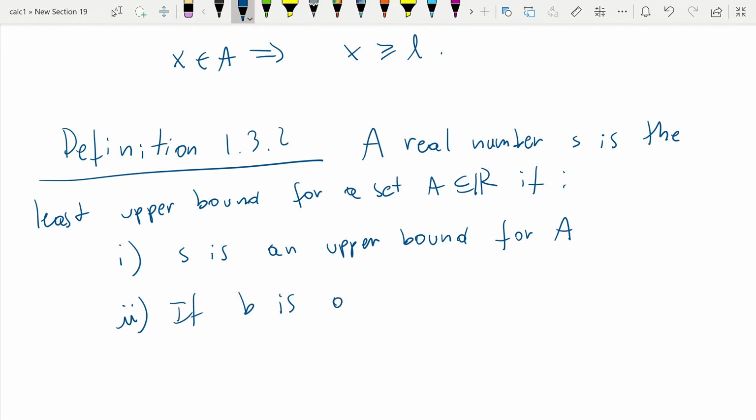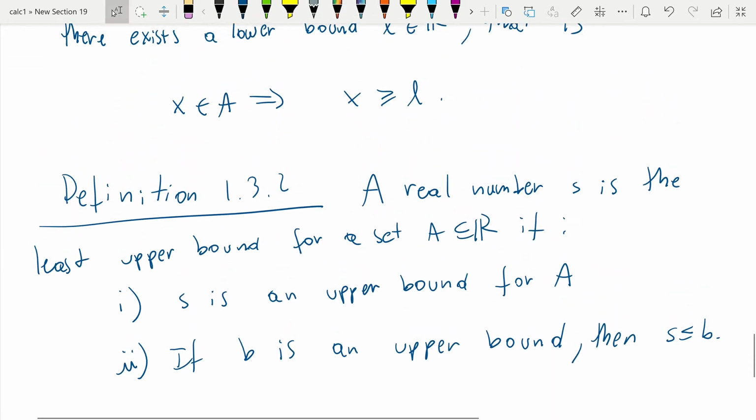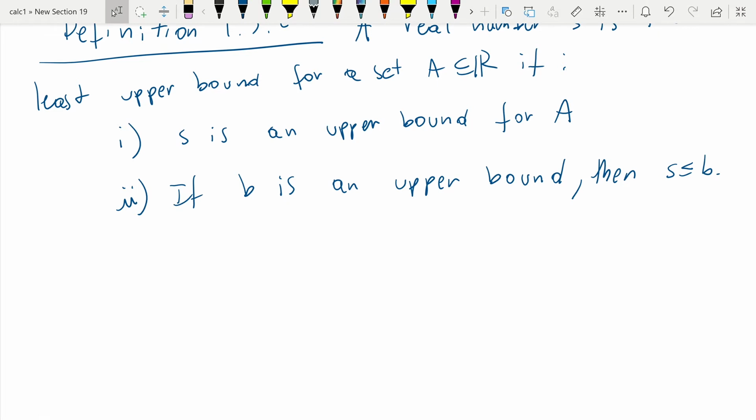If B is an upper bound then B has to be bigger than S. Okay, so now we have formally defined the least upper bound and the greatest lower bound can be defined similarly.